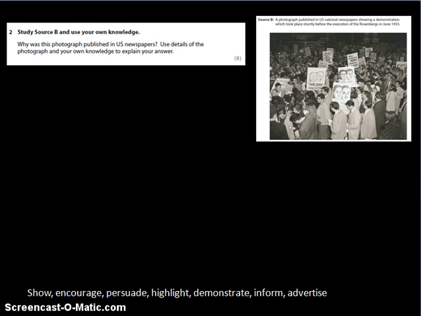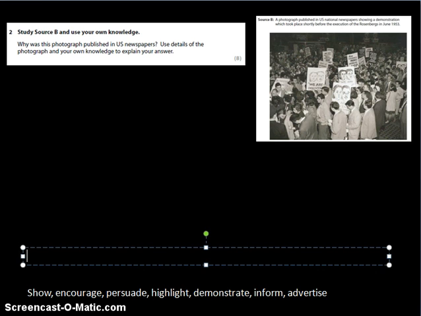In terms of own knowledge with this question, we'll start there actually. We've got to think, what own knowledge do we have that helps us understand why this source was published in a US newspaper? We know that the media was very anti-McCarthy, but also very anti-Red Scare.